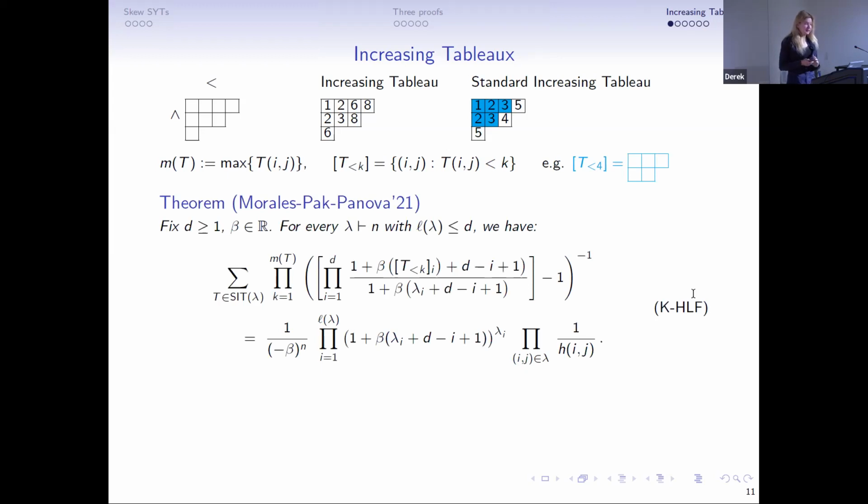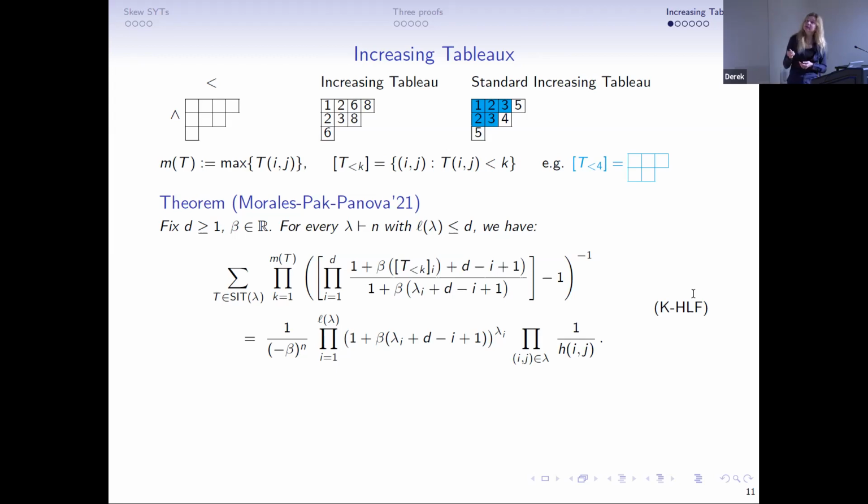So here is a hairy formula. This we call the KHLF. K comes from K-theory. So this is a standard increasing tableau of shape lambda. For each one of them, we have some weighted sum depending on the entries in this tableau.